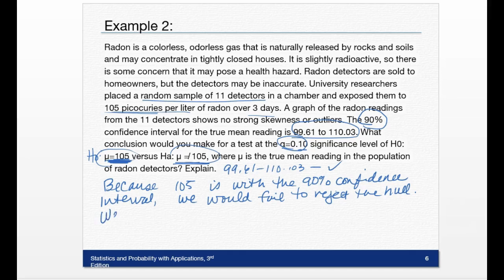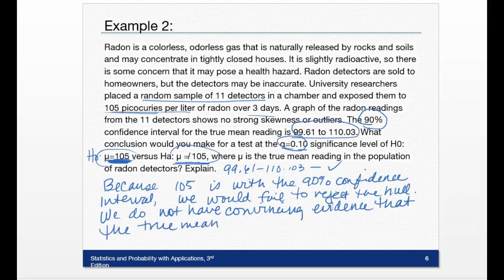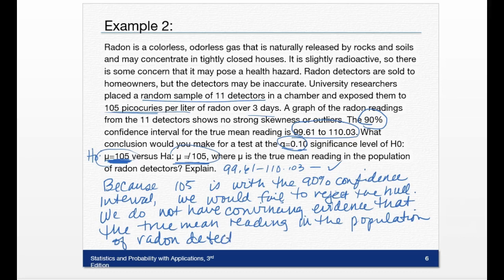Then we would say we do not have convincing evidence that the true mean reading in the population of radon detectors is, what does the alternative say, different than 105 ppl, however you say that, okay?